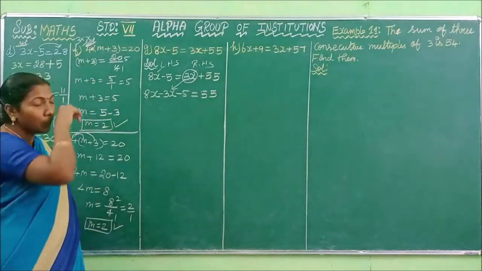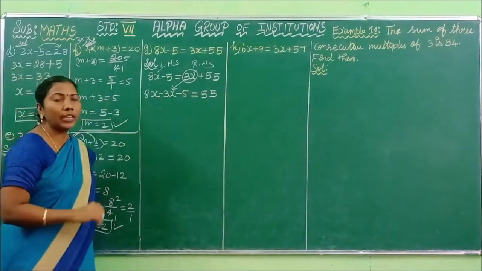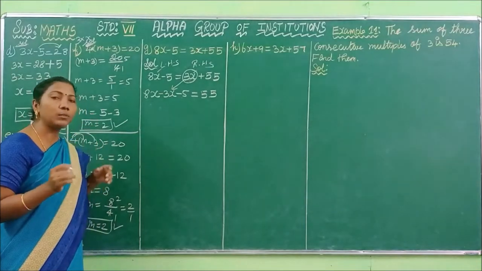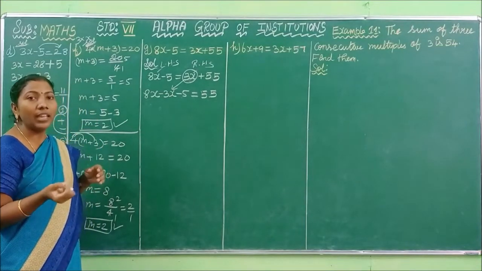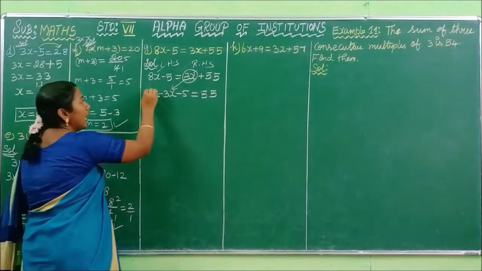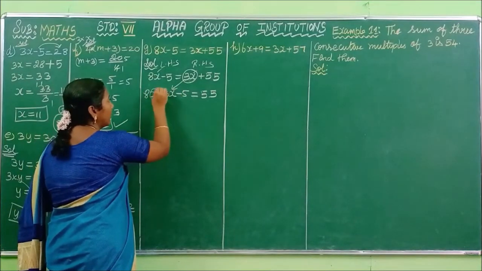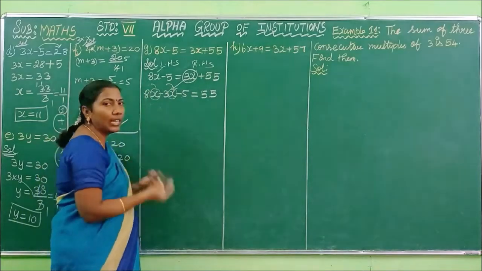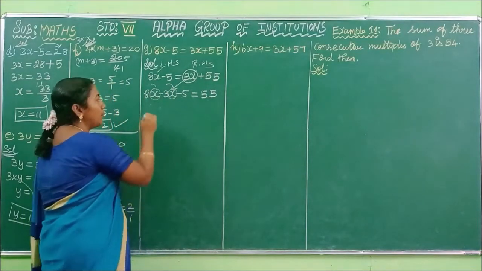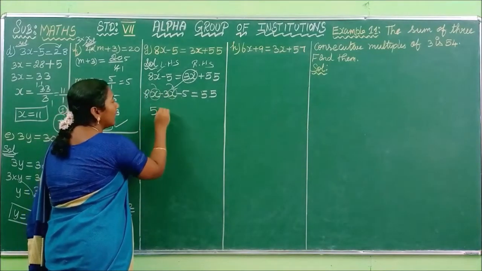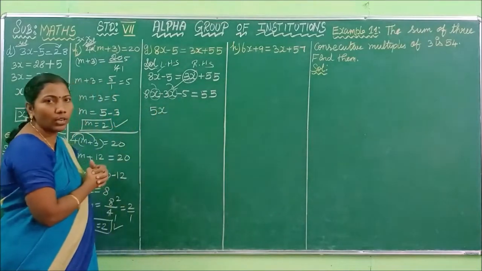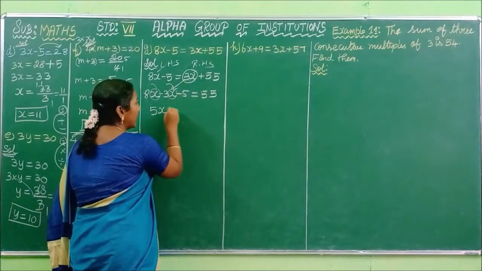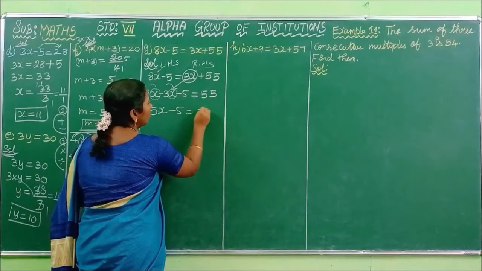We already know they are like terms, so we can add or subtract the like terms by adding or subtracting their coefficients. So 8x minus 3x. Here we have 8 apples, here we have 3 apples. So 8 apples minus 3 apples. What is the answer? 5 apples. So instead of apples we have to write x, thus 5x. Next 5x minus 5 equal to 55.